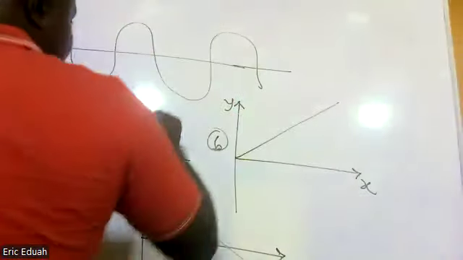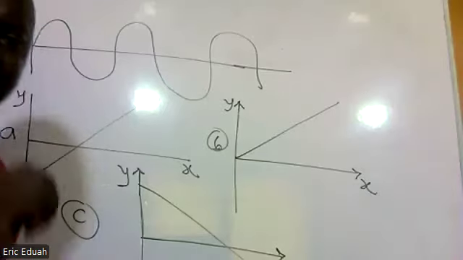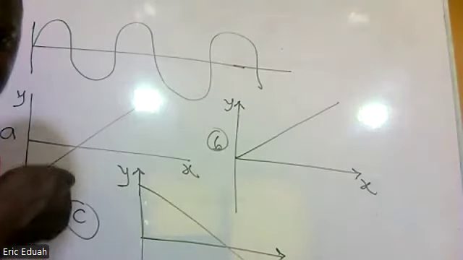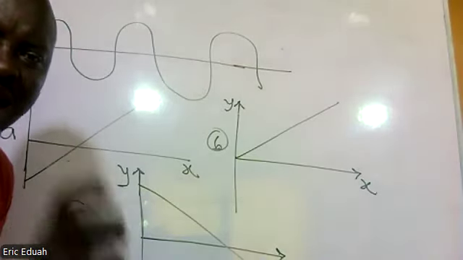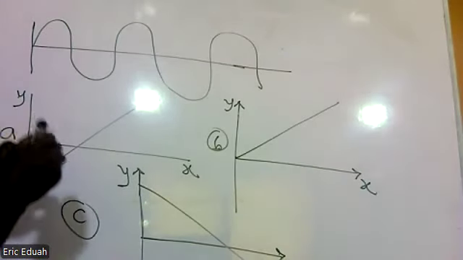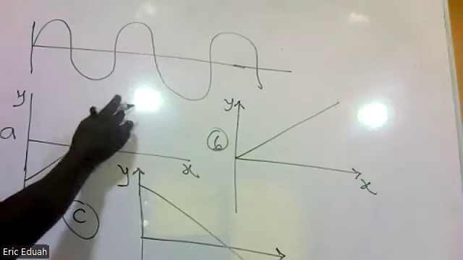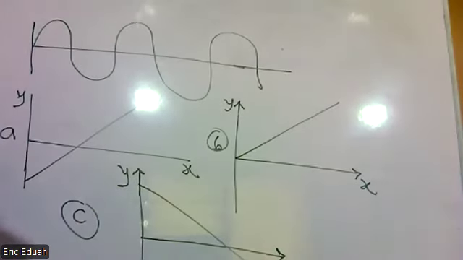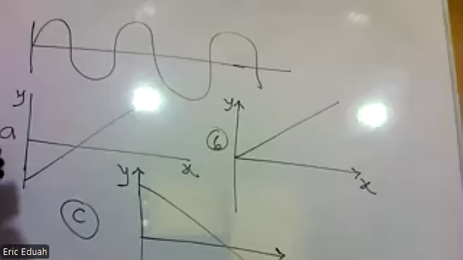But a straight line graph mathematically has its equation, which is different from non-straight line graphs. So what do you think will be the equation of the first one, A?